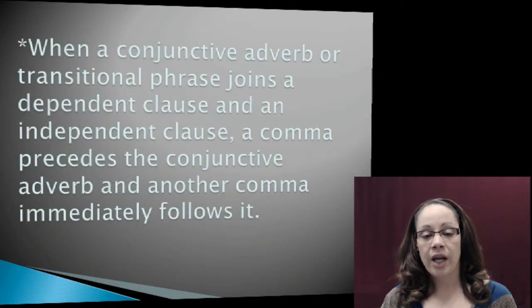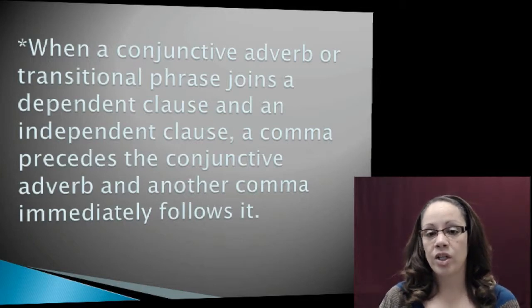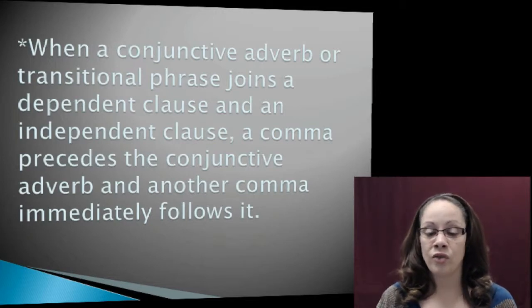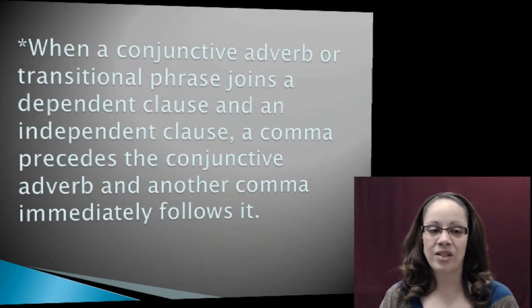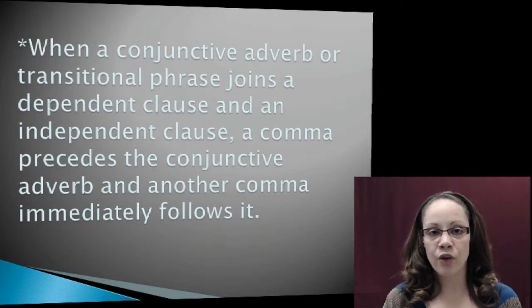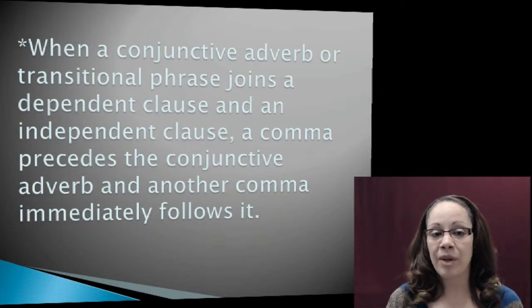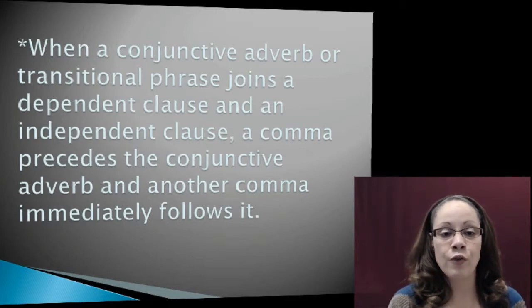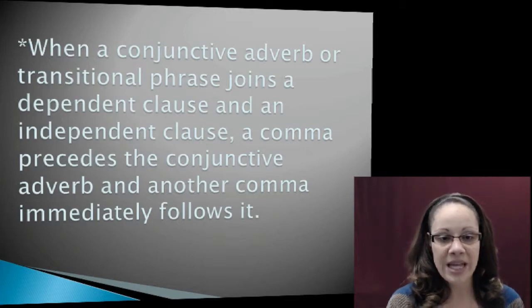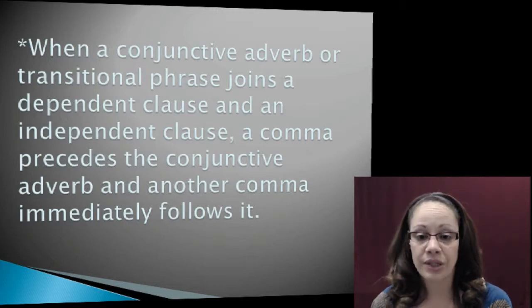Now our third error, or our third problem that can occur when a conjunctive adverb or one of our transitional phrases is part of a sentence: when a conjunctive adverb or transitional phrase joins a dependent clause and an independent clause, a comma goes before the conjunctive adverb and another comma goes right after it.